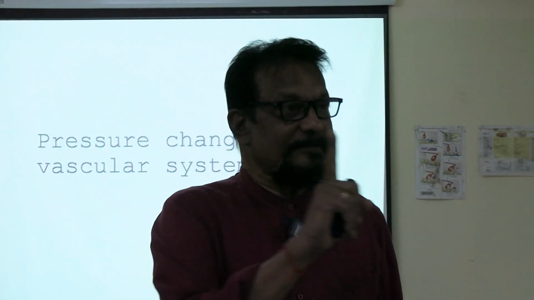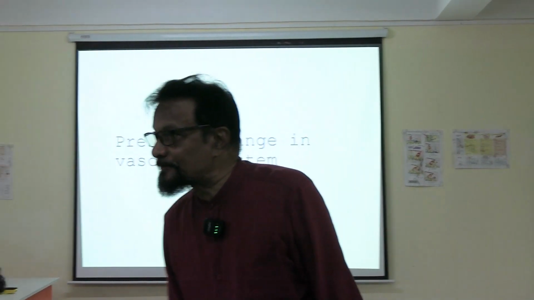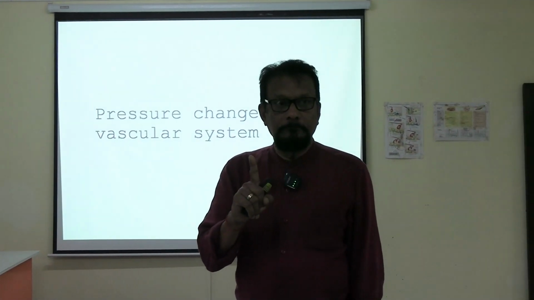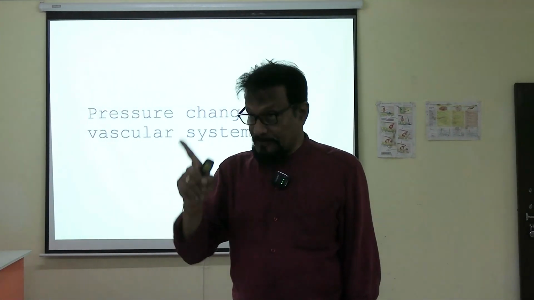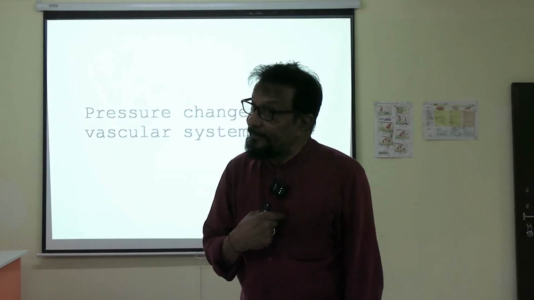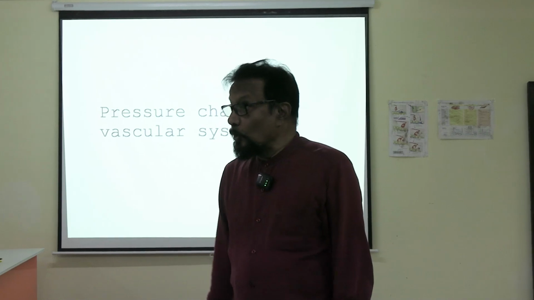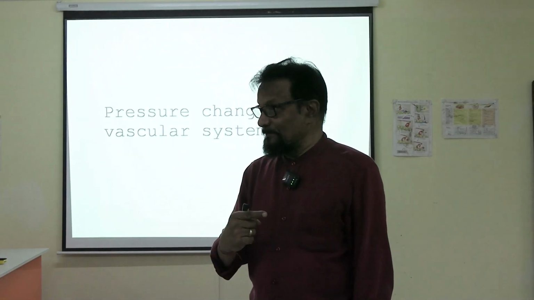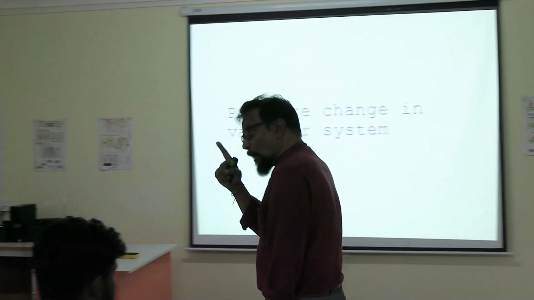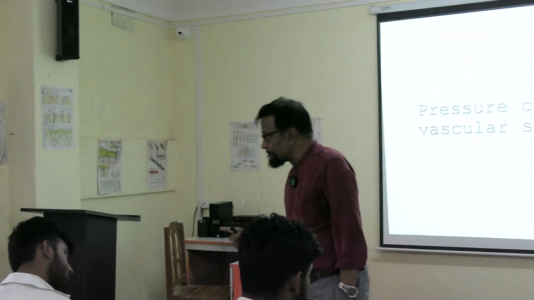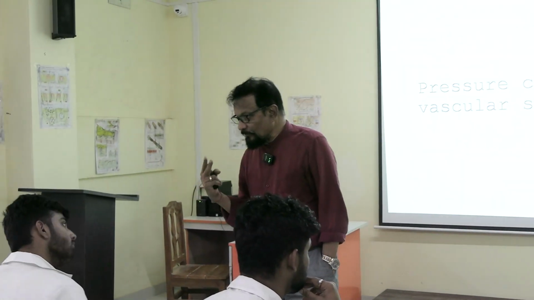Mean pressure, listen: it is diastolic pressure plus 1/3 of pulse pressure. My diastolic pressure is 80. What is the pulse pressure? 120 minus 80, the difference, is 40. 1/3 of 40?